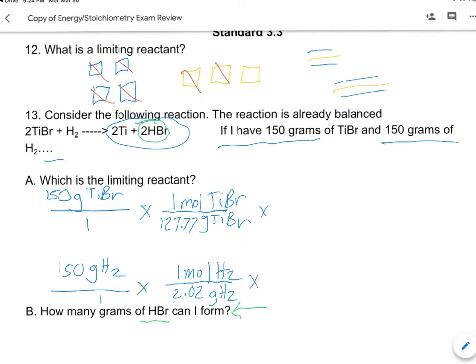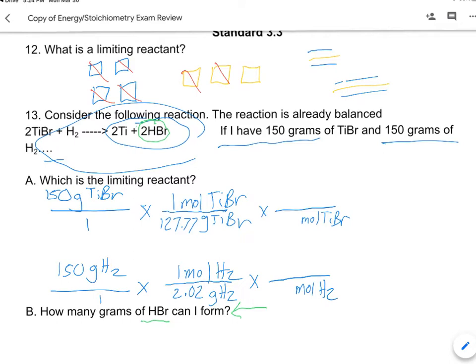All right. Third fraction in the grams to grams conversion is going to be the one where I take my equation and I get my moles from that. So moles titanium bromide, moles hydrogen gas, because I'm always bringing my unit down for the next one.